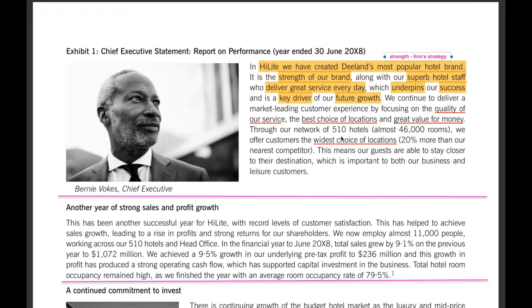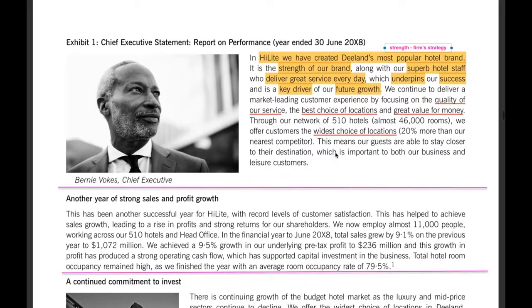Okay. So basically for your factor conditions, for your Porter's diamond just now, you can find that these are some of the elements that you can actually use to write on your firm strategy. Okay. The widest location.